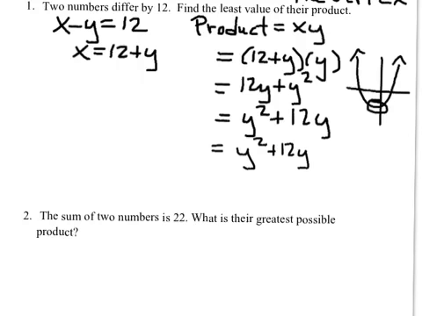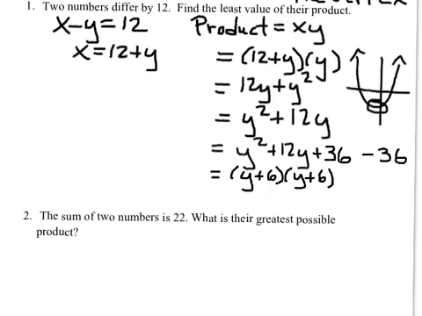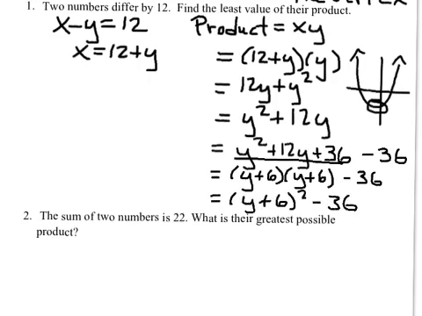So 12 divided by 2 is 6, and squared I get 36. Now I can't just add 36, so to balance it out, I'm also going to subtract 36. Factoring, that's y plus 6 times y plus 6 minus 36, which is equal to y plus 6 quantity squared minus 36.